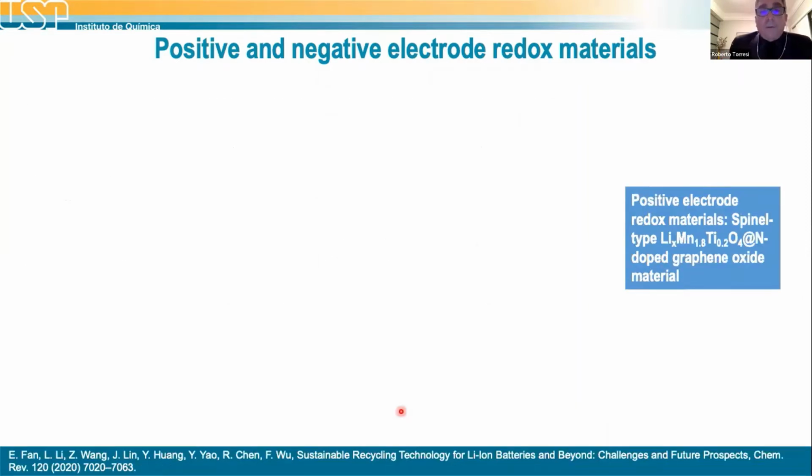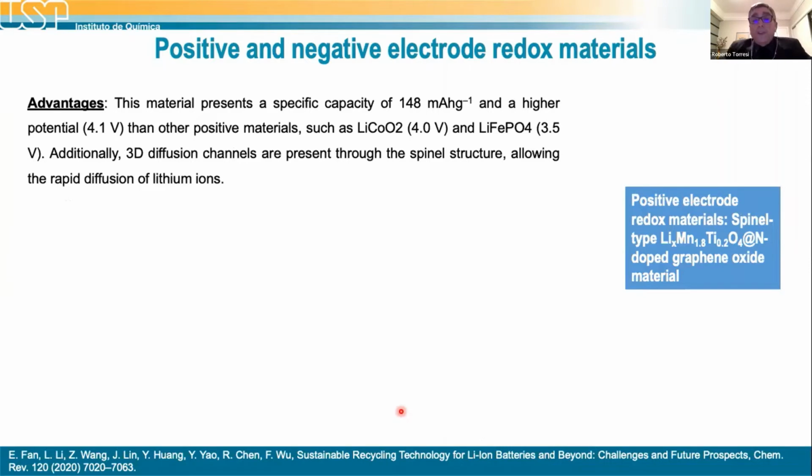Okay, so regarding the positive material, I have chosen a spinel material, the manganese spinel, because in this case the potential during the charge discharge is greater than in the case of lithium cobalt oxide, the lithiated cobalt oxide, used in LIBs.